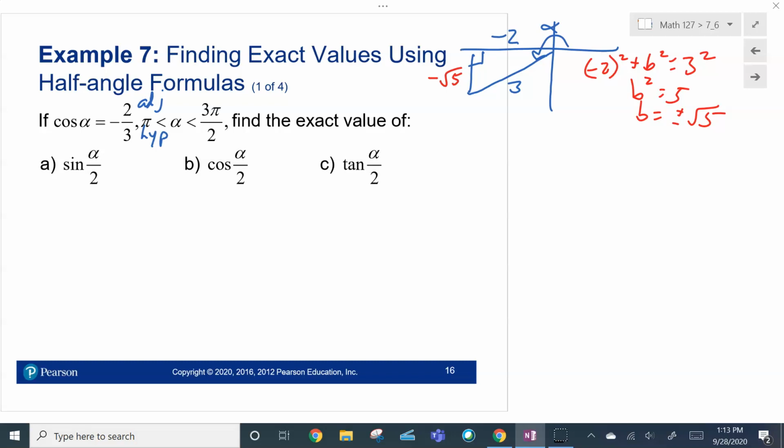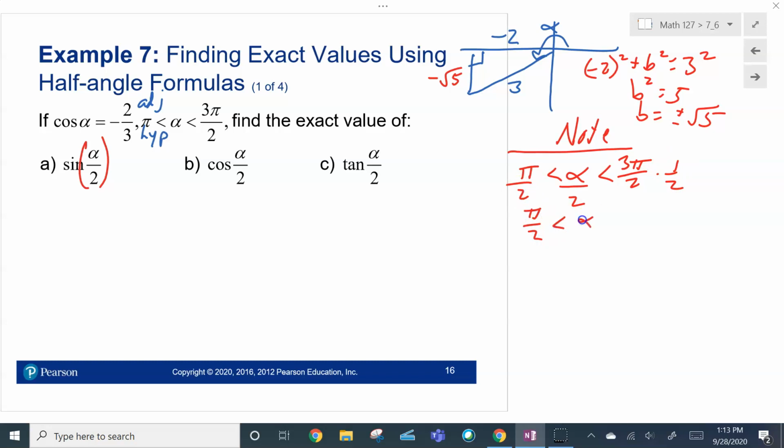And then also note one more thing here. Alpha is less than 3 pi over 2 and greater than pi. So when I'm finding sine of alpha over 2, I'm going to have to decide whether it's the positive or the negative one. So when I divide this all by 2, alpha over 2 is greater than pi halves, but less than 3 pi over 4.